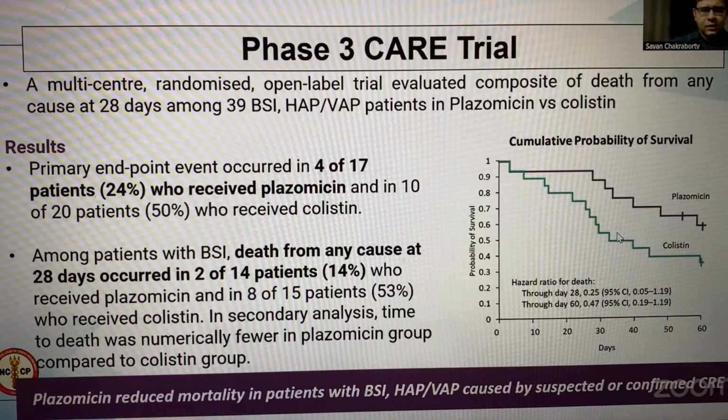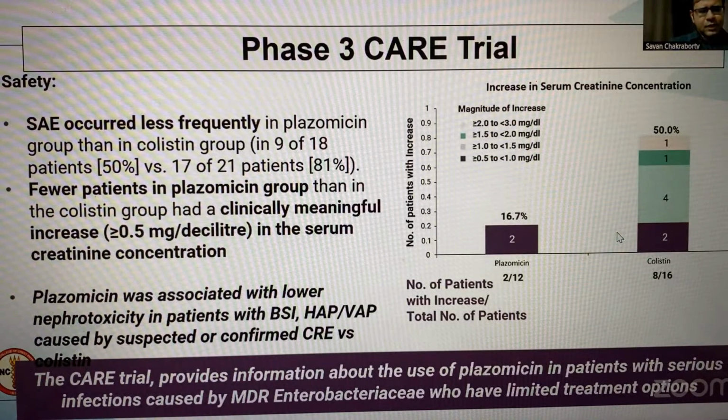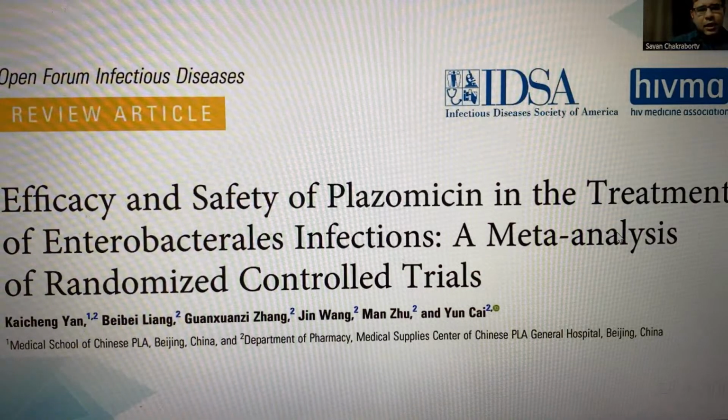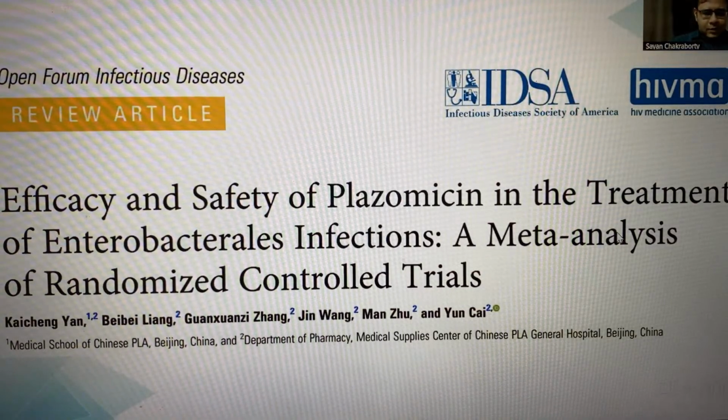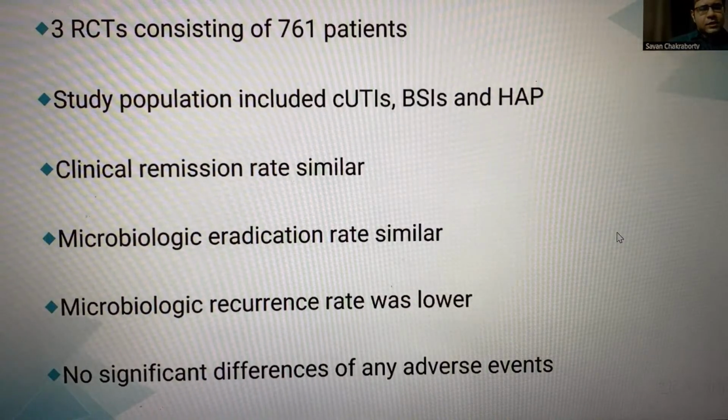So overall, this data showed some hope that plazomicin can be used outside the urinary tract, in bloodstream infection and in lung infections as well. Side effects were less, and overall nephrotoxicity was also less as compared to polymyxin. So this is what this trial showed. And if we talk about a meta-analysis of the RCTs, there were 3 RCTs consisting of 761 patients. They had complicated UTI, bloodstream infections and HAP.